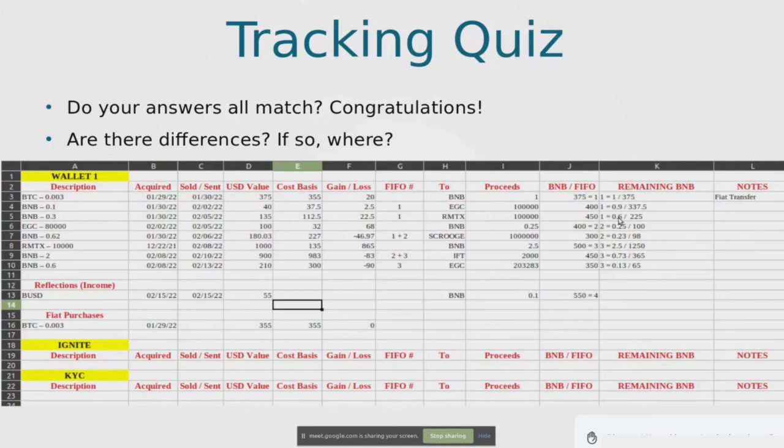So I need to utilize the rest of this BNB1, and that's why I put 1 here for that first in, first out value. I have 0.02 that I have to take out of BNB2. So all you need to do at that point is take 0.02 times that 100, because that's the value, and I get $2.